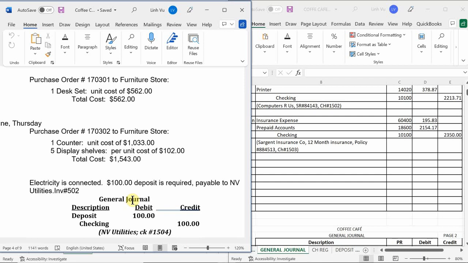The electricity was turned on. However, a $100 deposit is required. So if you ever have those things where you have to put a deposit down in order for you to turn on either electricity, water, or whatever it is, what happens to the deposit? That deposit will come back to you. So how do we record this deposit to keep the electricity on?